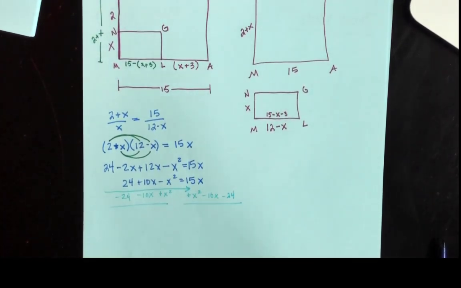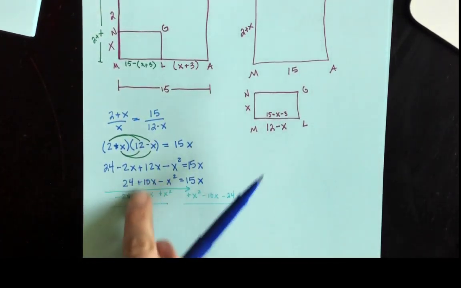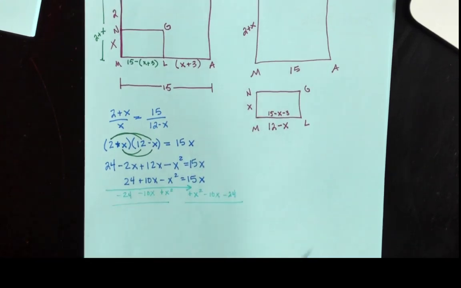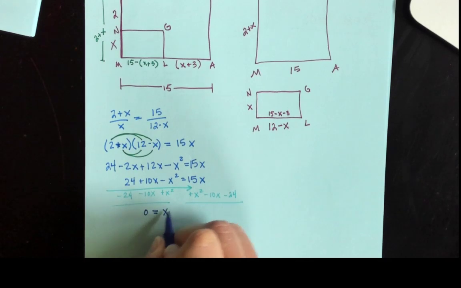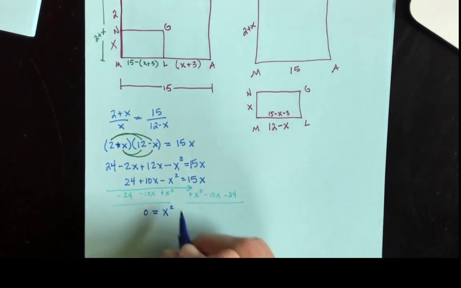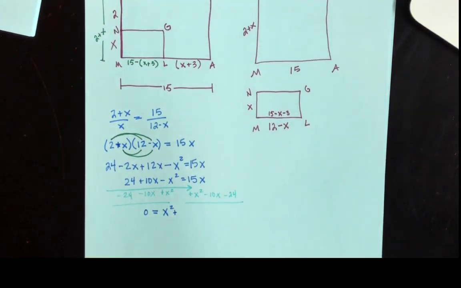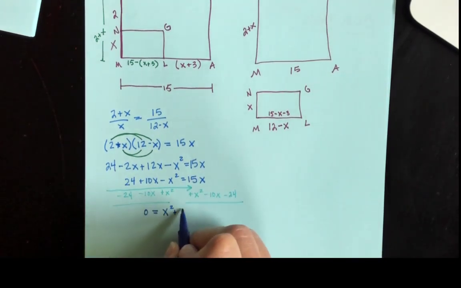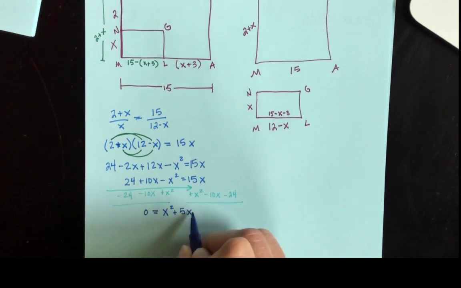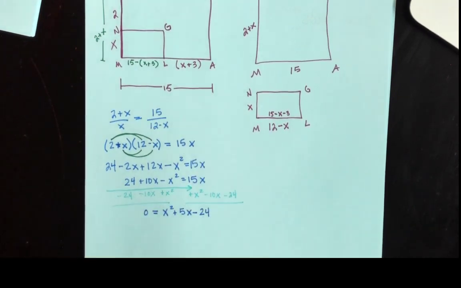And that way I end up with still this 0 equals, and then my x squared is now positive, which is how we truly want to deal with quadratics. Our 15x minus our 10x should be a positive 5x, and then we have our minus 24.